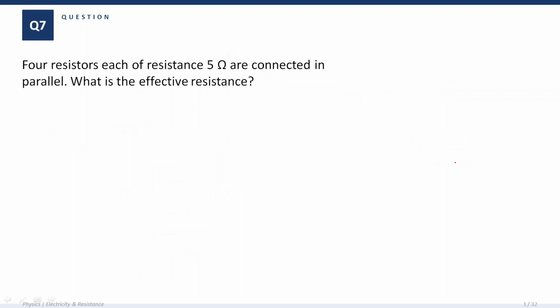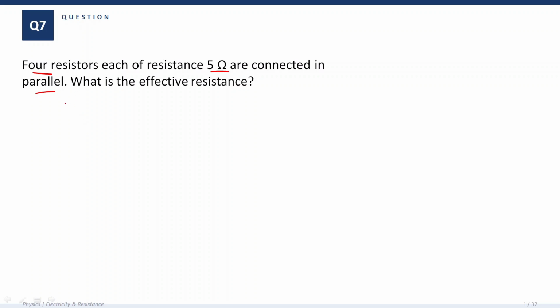4 resistors, each of resistance 5 ohms, are connected parallel to each other. So how many resistors here? 4, each is 5, connected in parallel.